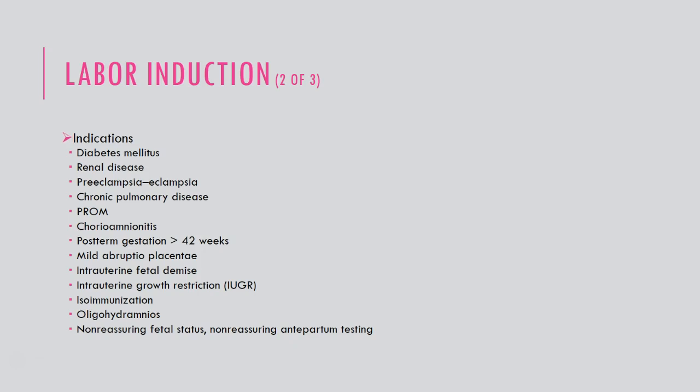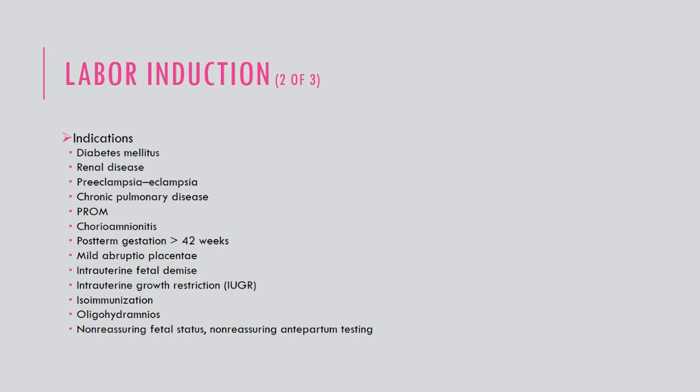There's some type of chorioamnionitis, which is an infection of the chorion and the amnion lining, that can affect the baby. Maybe the mom is post-term, so she's going longer than 42 weeks, and we know that the survival of the placenta is not supposed to last beyond that point. So allowing a mom to go longer than 42 weeks is dangerous for not just the baby, but for her too.